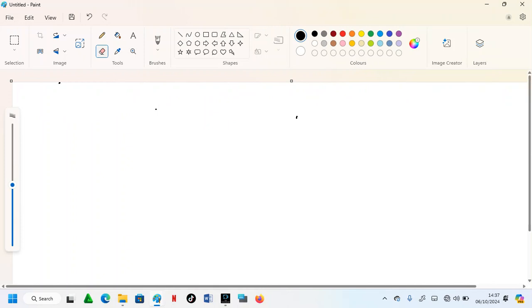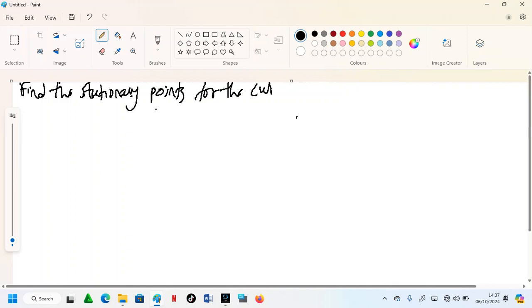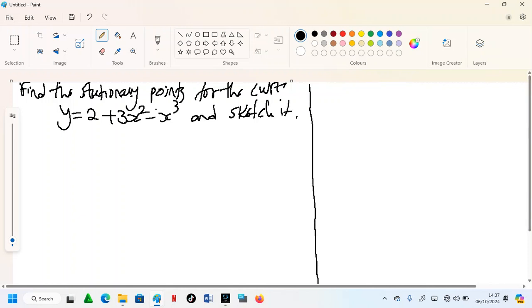So find the stationary points for the curve y = 2 + 3x² - x³, and sketch it.